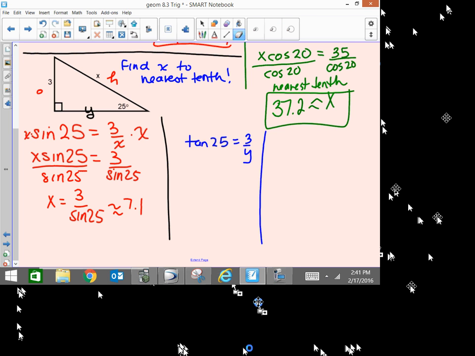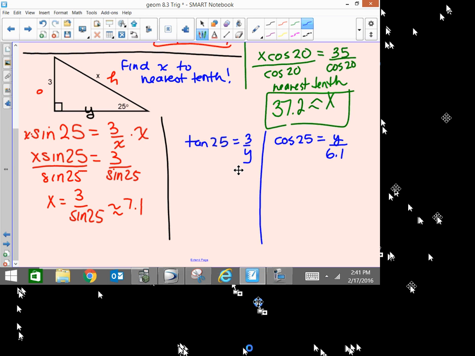I bet you can tell me why. We're looking for y, could you have done cosine? Yes, that's the one. Cosine of 20 equals y over 6.1.